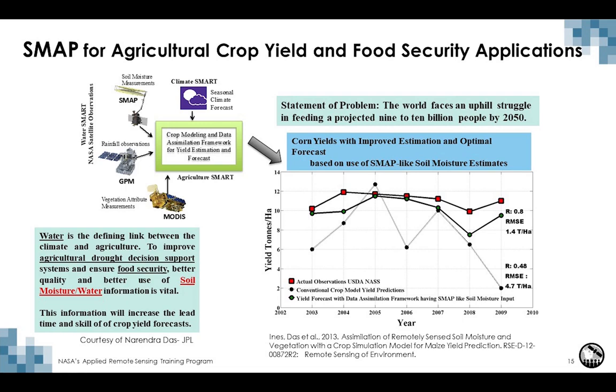And as you can see, in this case, when you use SMAP soil moisture in this data assimilation framework, it matches much better, or there's a much greater correlation to the actual yield observations than when you're just using a conventional crop yield model.